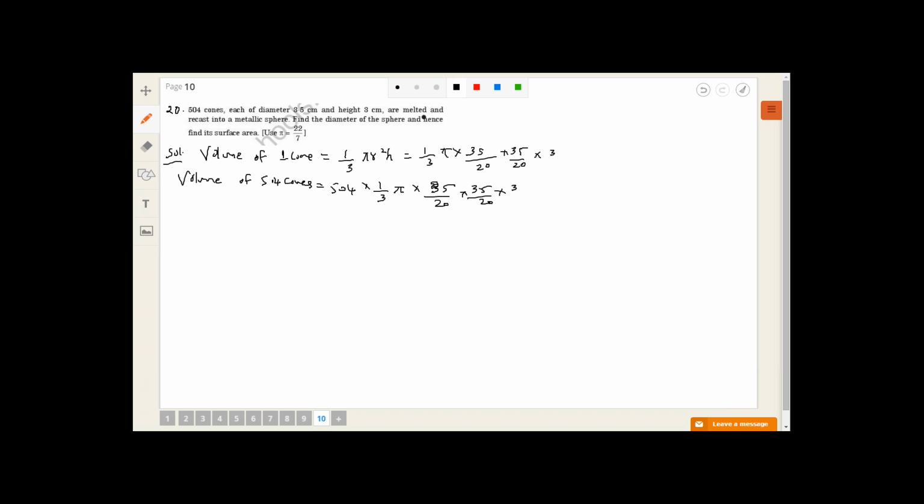Now since it is given that it is melted and recasted into a metallic sphere, this volume of 504 cones is equal to volume of the metallic sphere.